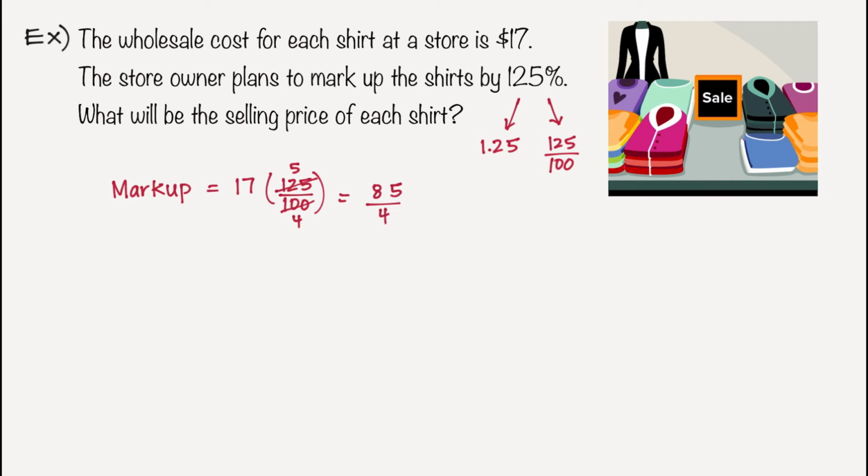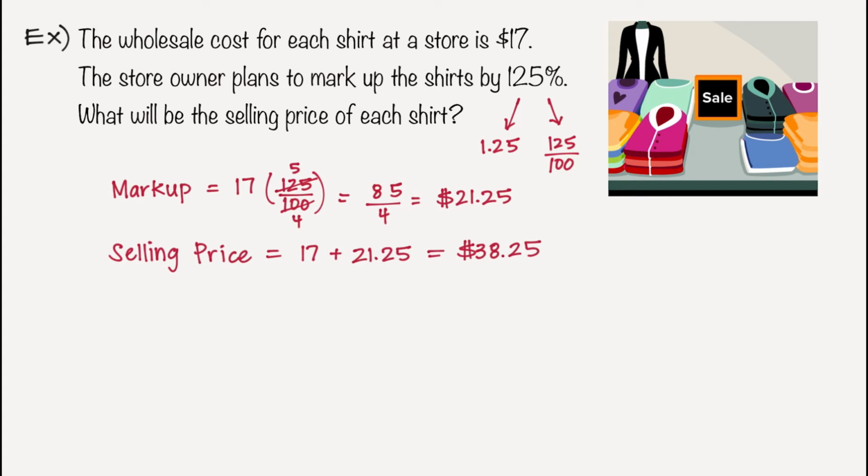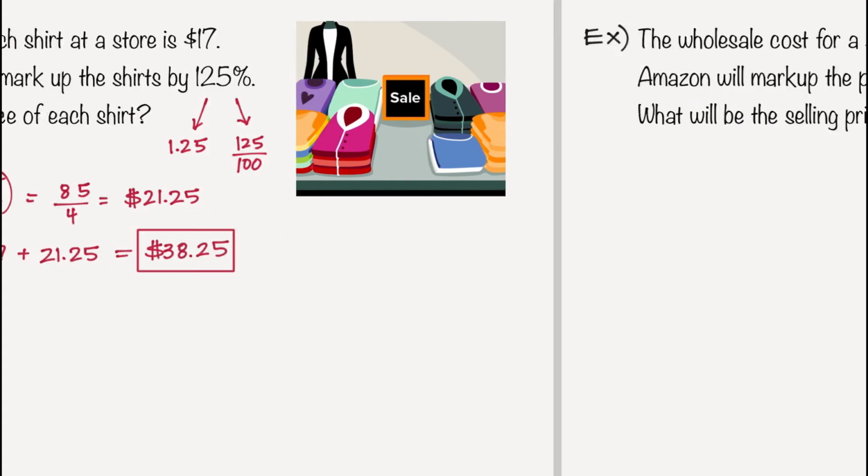And 85 divided by 4 is equal to $21.25. So to find this brand new selling price, which is like the price tag, it's that $17 plus this new markup amount, and you would find that that selling price is $38.25. So businesses definitely make money.